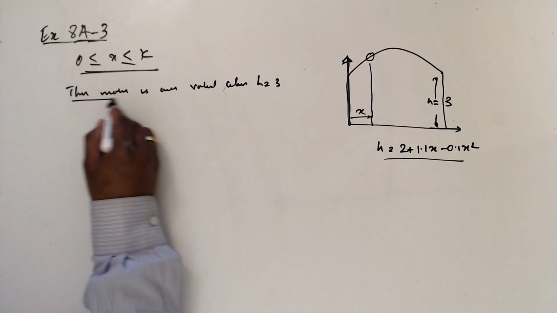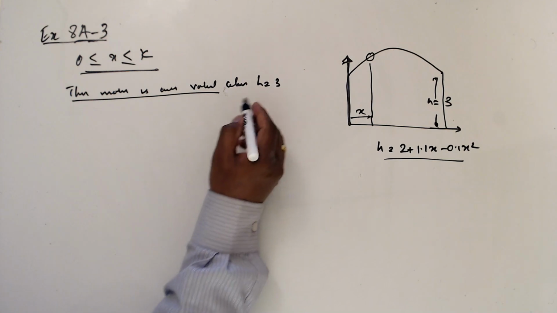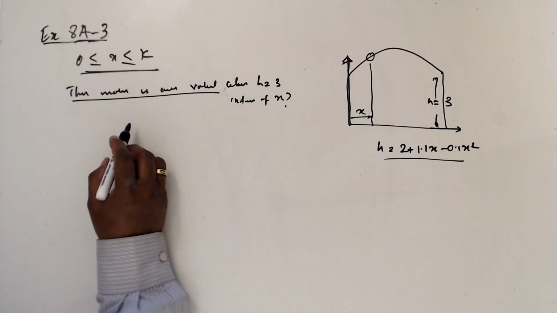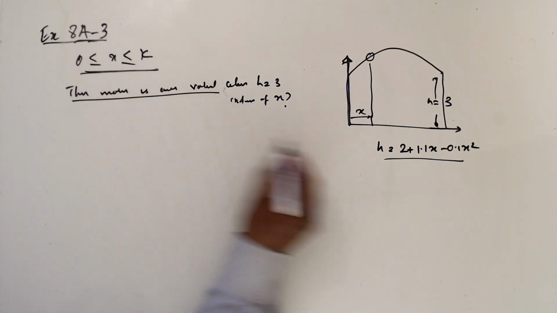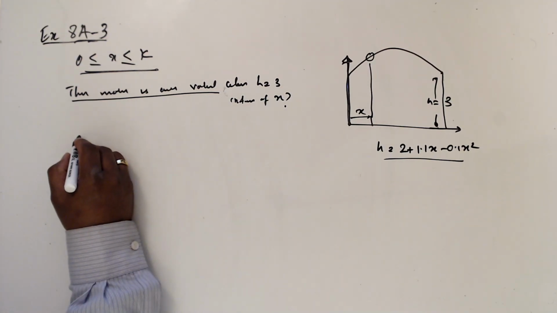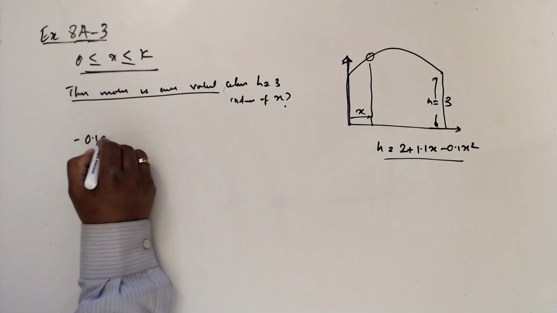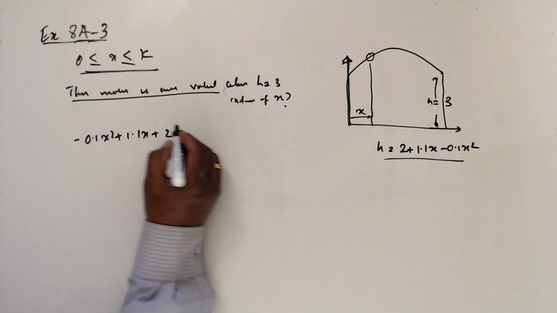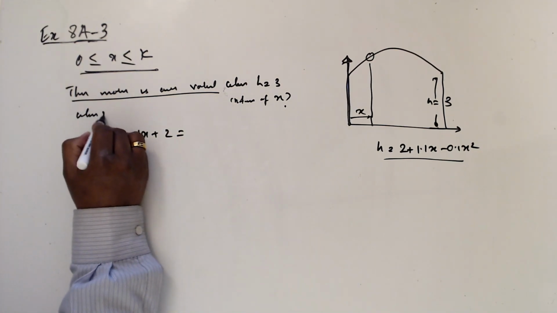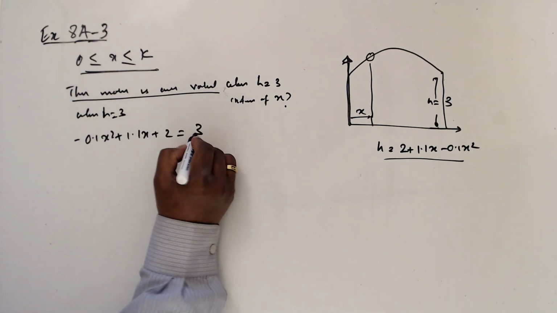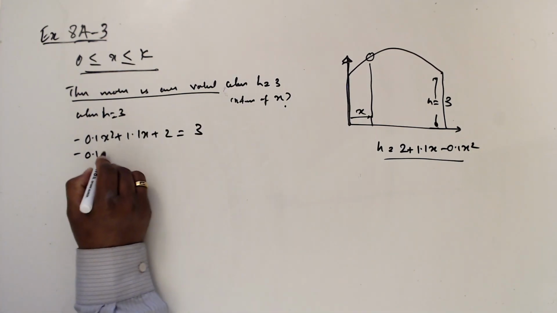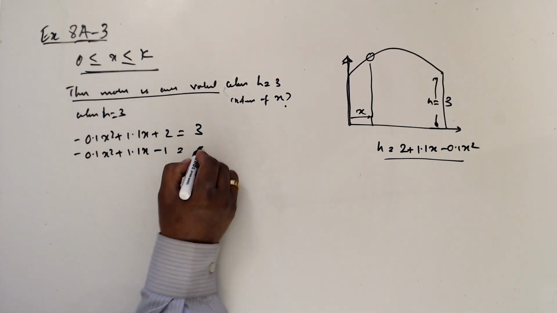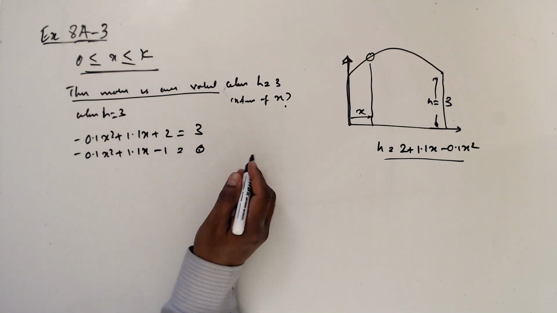Now we want to find the model validation in terms of x. So we have to rewrite the equation: minus 0.1x squared plus 1.1x plus 2 equals 3 when h equals 3. So this is minus 0.1x squared plus 1.1x minus 1 equals 0.